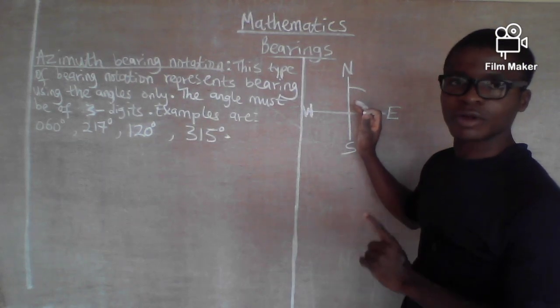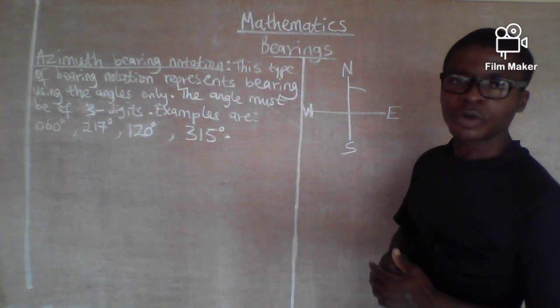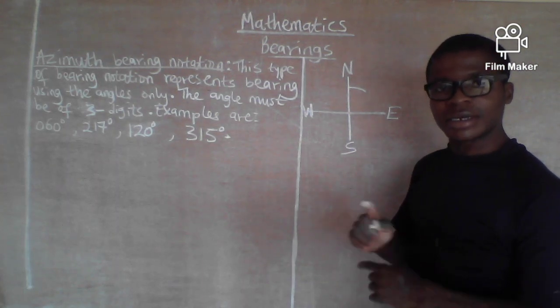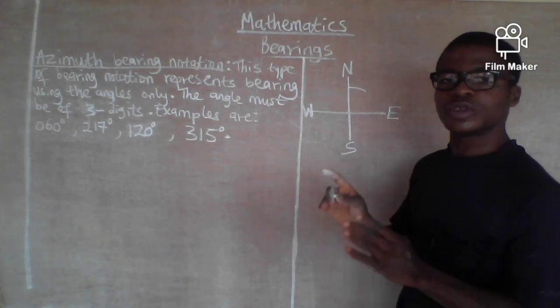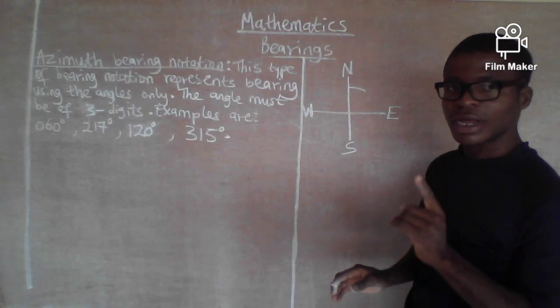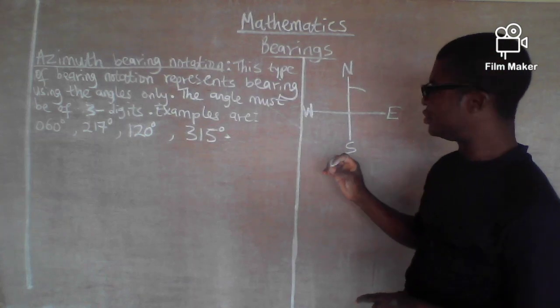Never measure anti-clockwise. Unlike the quadrant bearing notation where the second cardinal point signifies the direction, for azimuth bearing notation the direction is always clockwise, no matter how big the angle is.